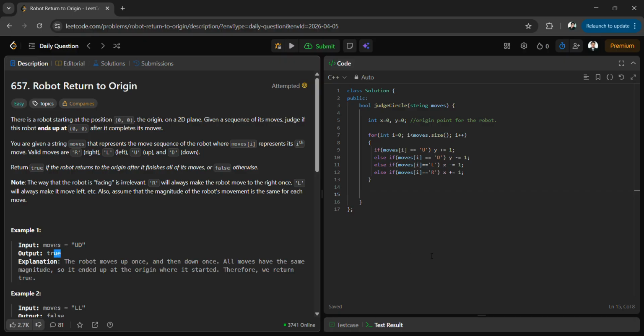We check whether it is at the origin: return x equal to 0 and y equal to 0, which returns true or false based on the given problem.